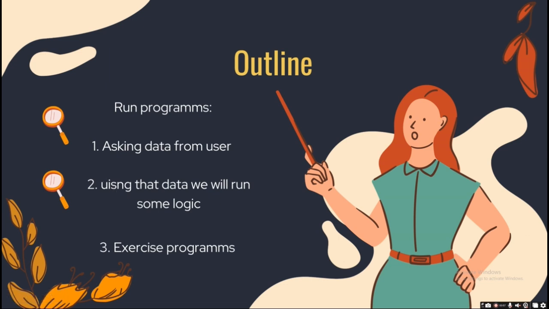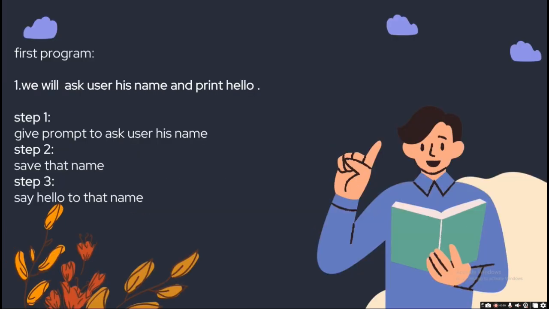The first program we're going to run today is to ask the user their name and then print hello. Not just printing hello world, we're going to ask the name of the person, and once the name is known, we're going to print hello. So what do we need to do? First, prompt the user to give their name.